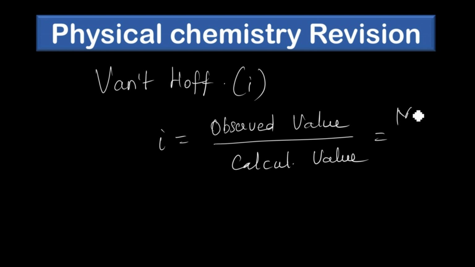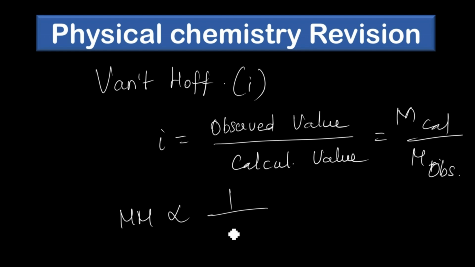So you can write it as M calculated by M, sorry, M for molecular mass. Okay, so observed value by calculated value. So molecular mass calculated by molecular mass actual or observed, you can write, because colligative property is inversely proportional to molar mass.